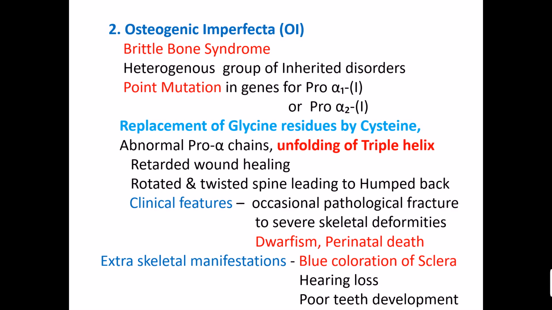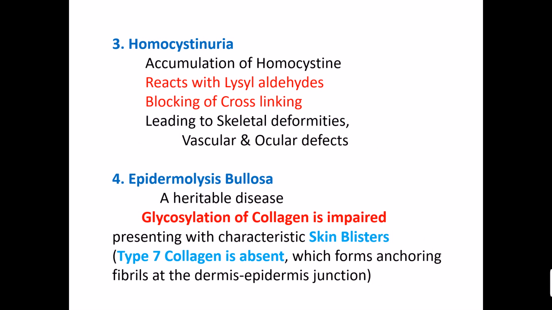Now come to homocystinuria. That is again a genetic defect, accumulation of homocysteine, which reacts with the lysyl aldehydes and blocks the cross-linking of the collagen molecules. And that leads to skeletal deformities, vascular and ocular defects. Now come to epidermolysis bullosa.